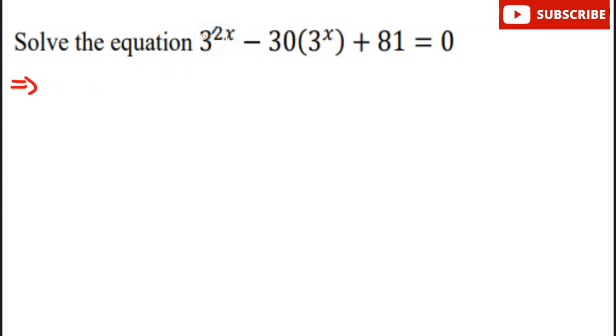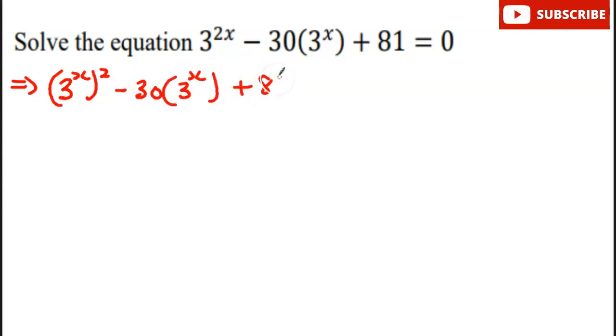So we can rewrite this as 3 raised to the power x, all raised to the power 2, minus 30 times 3 raised to the power x plus 81 is equal to 0. Now at this stage, you can use if the bases are the same, equate the exponent, or if the exponents are the same, equate the bases. You need to do a little bit of work before it will come to that stage.